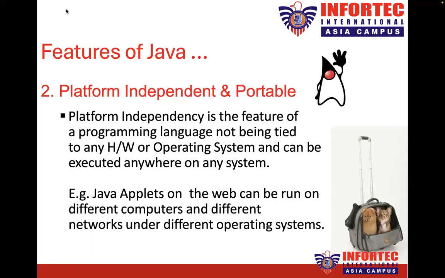It is very convenient. The only thing we have to do is download Java freely and install it into the computer. Then, no matter the operating system, processor, device, or speed, you can use Java for computer programming. That is what we call platform independent and portability.